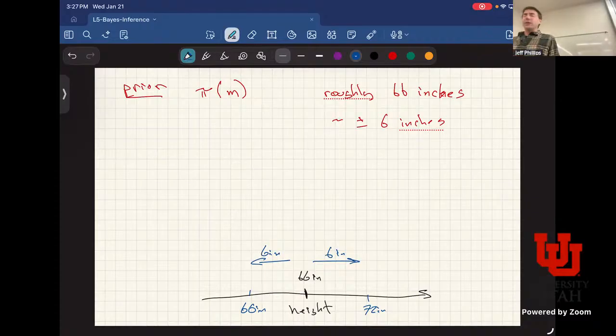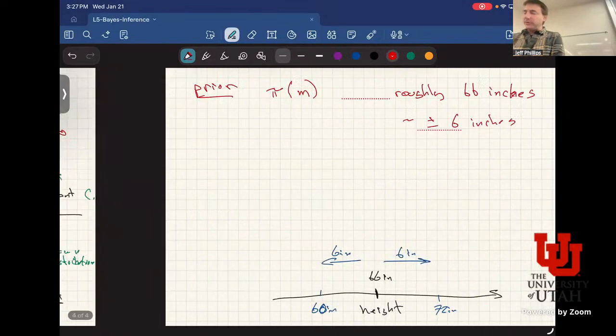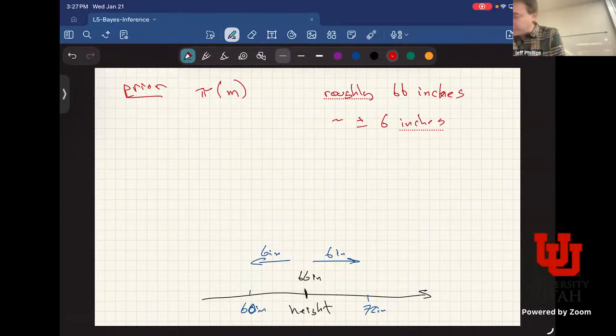So what are we going to do? If in doubt about this, you want to use the normal distribution. Just drawing a picture, a uniform distribution between 60 and 72 might look a little bit simpler, but if you wait a little bit, the normal distribution will be simpler. So it's a curve that looks like this.